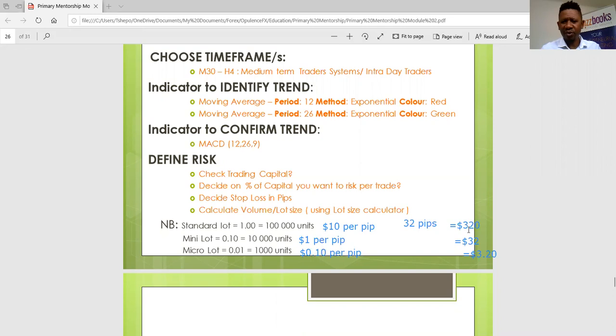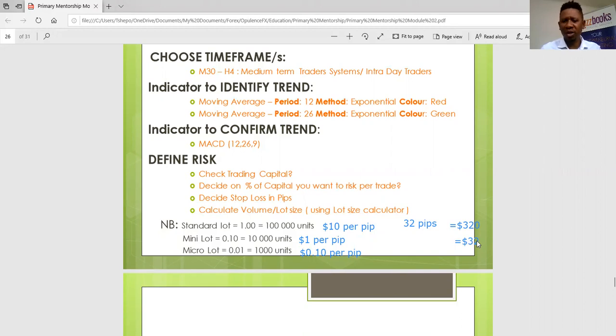That is exactly what we don't recommend; don't lose so much money in one trade. When you lose $32, that is just about 3%. Still high, but better than 32%.